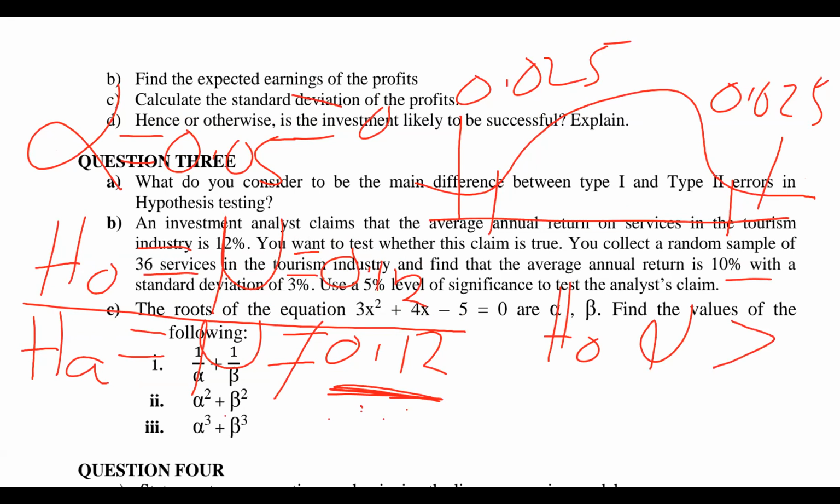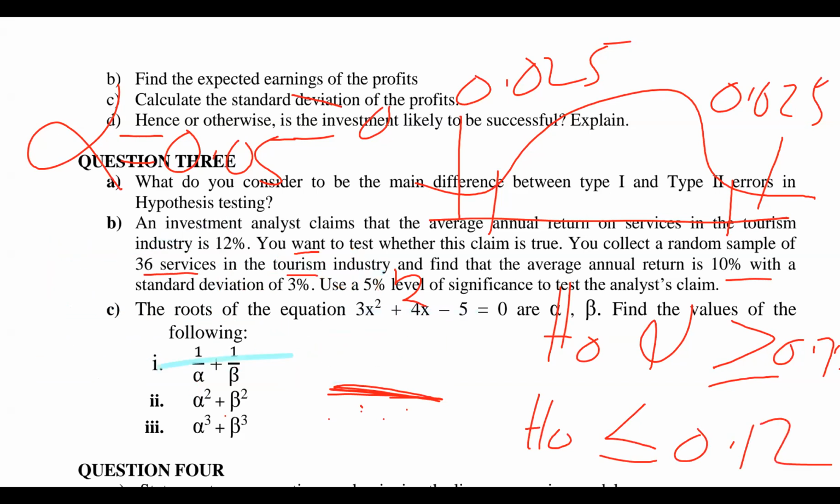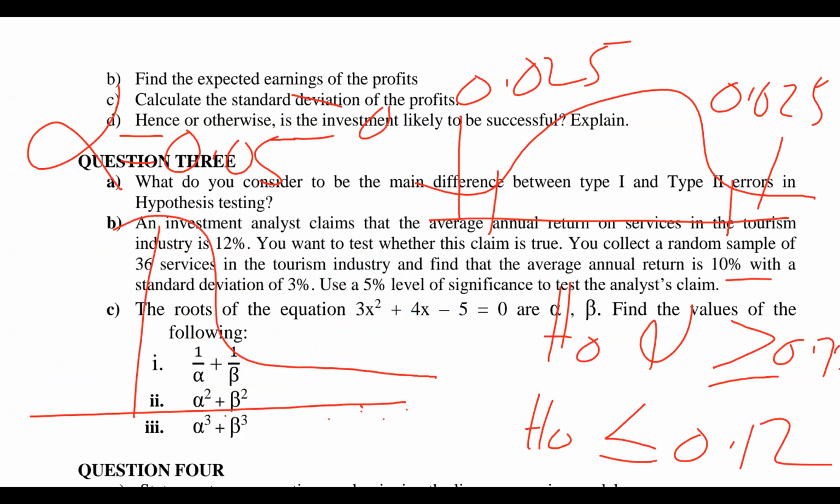Greater than or equal to what? 0.12, because more than means greater than, right? Then if you hear that it is less than, it means that your H naught is less than or equal to 0.12. Now, if we say that it is more than, what we mean is that this data is distributed to the what? To the right. You get it, right? That's what more than means. This mean is supposed to fall to the right of the mu. So that's how you depict this one.